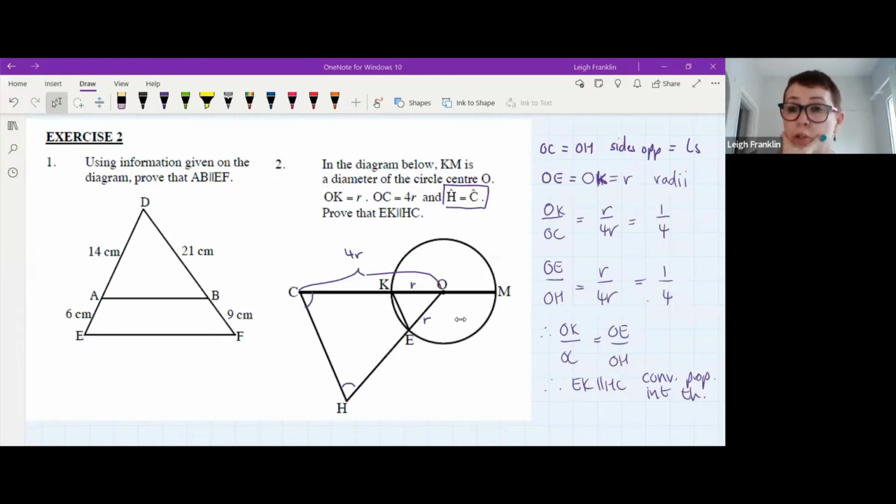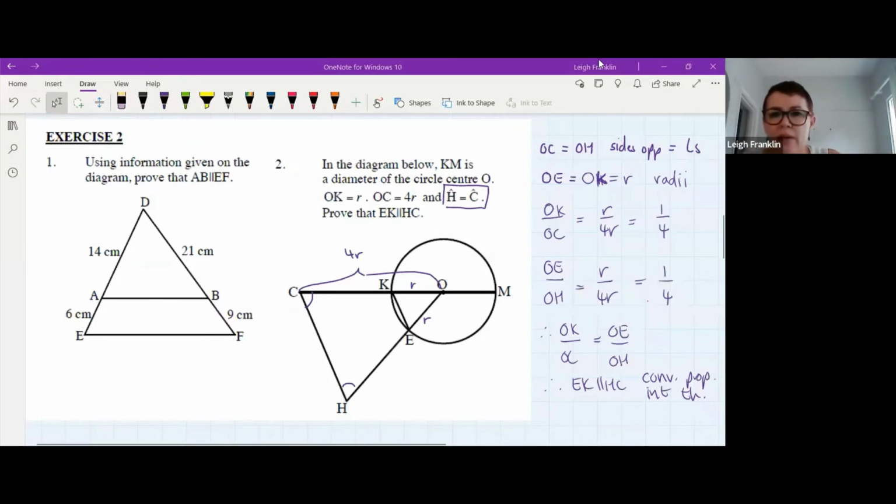I can't see what Ketelwazi has written, so just read it to us. So, ma'am, I put OK is equal to OE, radius. AH is equal to C, which is given. Isosceles triangle, the reason equal sides equal angles, but you corrected me there, so I'm going to have to make that change. And then I said over all, OC is equal to OH, and then I laid it out: OK over OC is equal to OE over OH.